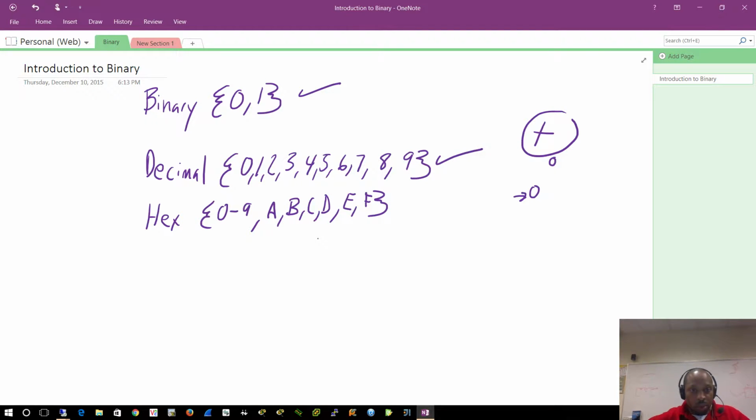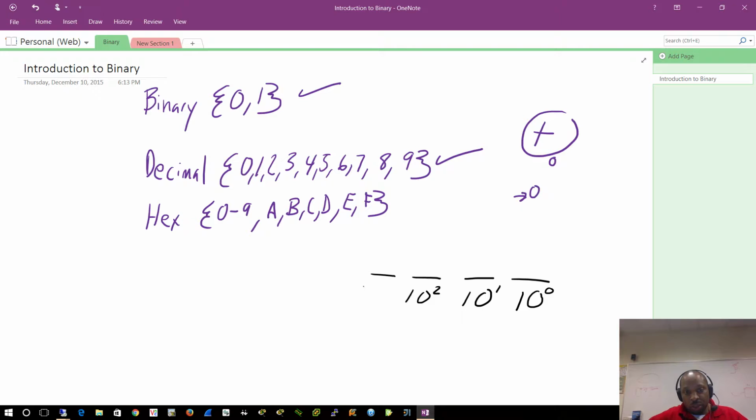Now, before we talk about binary, let's just review how we count. Let's say you have a normal number, 2 digits. Remember, this is your ones column, which is 10 to the 0 power. This digit represents 10 to the first power. This represents 10 squared.